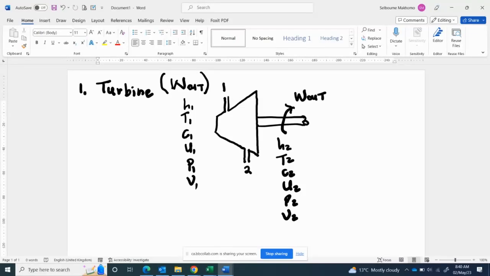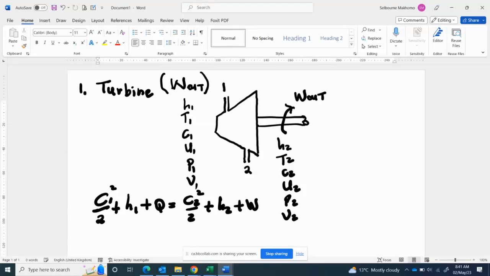Now we apply the steady flow energy equation, SFEE, for a turbine. We start by saying that C1 squared divided by 2 plus enthalpy at 1 plus Q is equal to kinetic energy at the outlet plus specific enthalpy at the outlet plus work output.